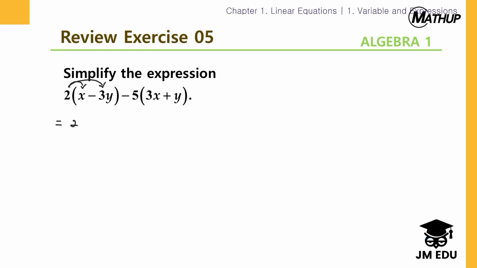So 2 times x, which is equal to 2x, minus 2 times 3, minus 6y. Minus, here again, 5 times 3x, that's minus 15x. Minus 5 times a positive y, that's minus 5y.